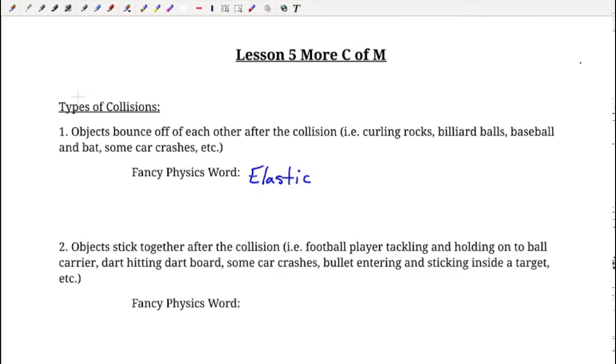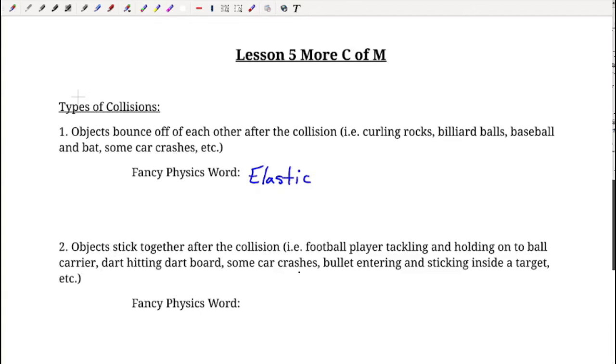And contrasted with that, we have two objects sticking together after the collision. So instead of bouncing off each other, a football player is tackling and holding onto the ball carrier, one person's grabbing another and they stick together, or a dart hitting a dartboard, they end up being one object at the end.